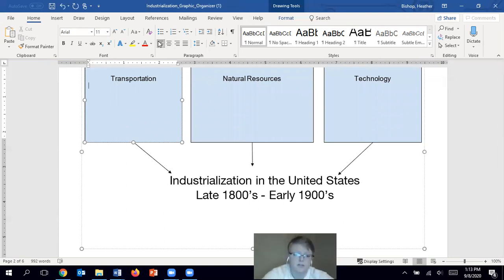So here, we would say something along the lines of the Transcontinental Railroad... I don't want to say revolutionized the revolution, helped the Industrial Revolution progress, because that's not how you spell progress, there's too many E's in there.